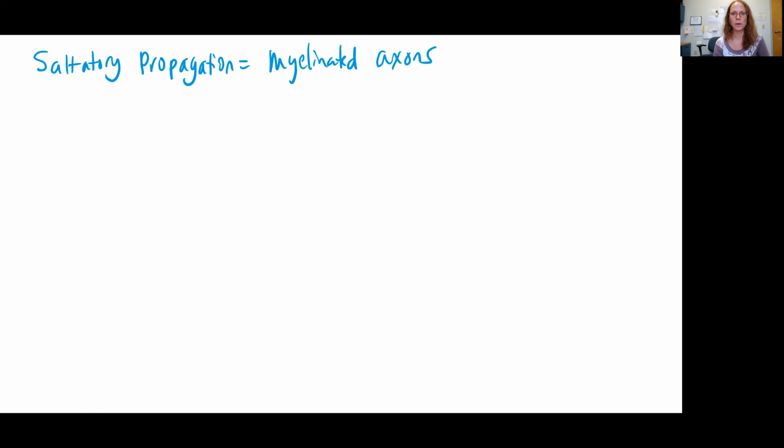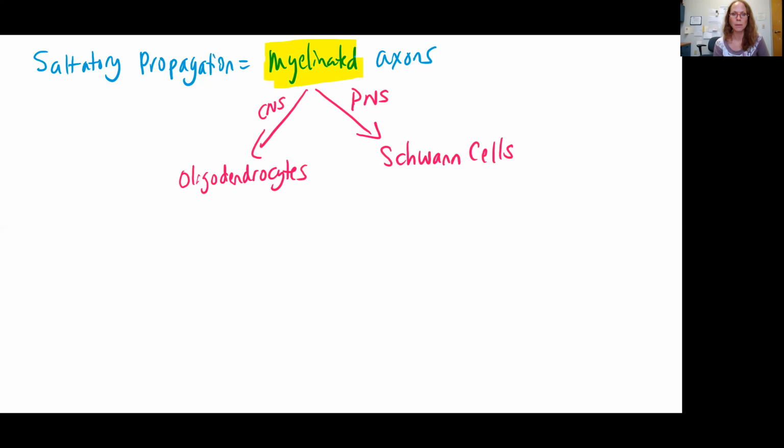In saltatory propagation, this is occurring with myelinated axons, and remember, it's going to be super duper fast in comparison. All of your axons in the peripheral nervous system are myelinated, so this is going to be the type of propagation that's happening in the PNS. The PNS myelination is from those Schwann cells. The central nervous system has those oligodendrocytes, which are myelinating those axons.